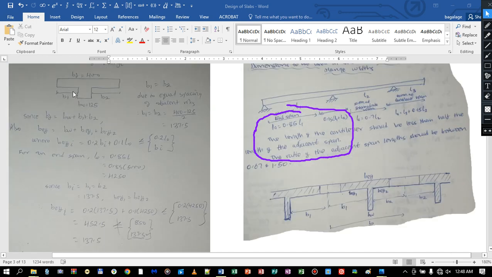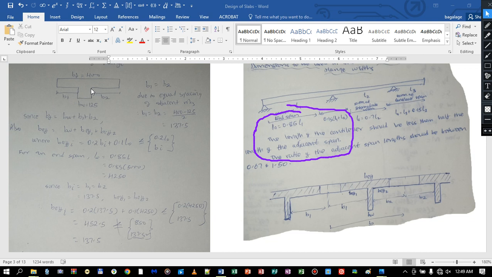And since our ribs are vertically spaced, this distance will be equal on either side of the rib, which is 400, our total width of the flange, minus the width of our rib, which is 125.